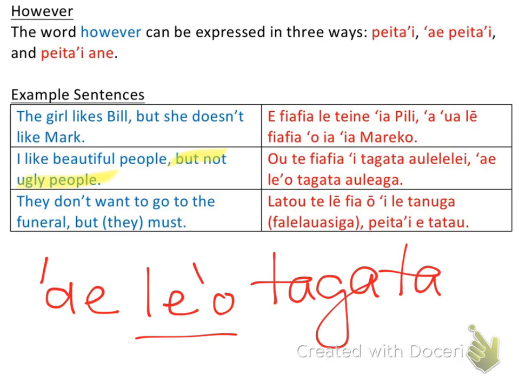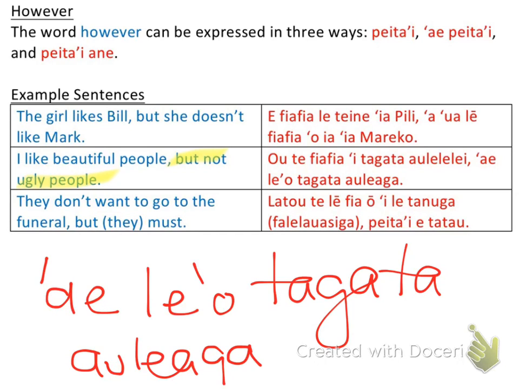Okay, and I say leo tangata because I am negating a noun right here, and then the thing that comes after the noun is the adjective, because I have a noun right here, and the thing that's describing the noun is the auleleanga. Okay, so auleanga. Okay? Auleanga. Okay, so I leo tangata auleanga.